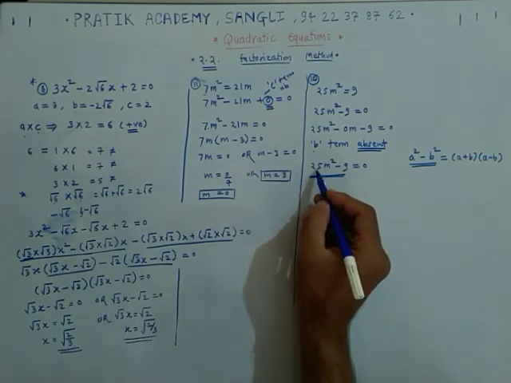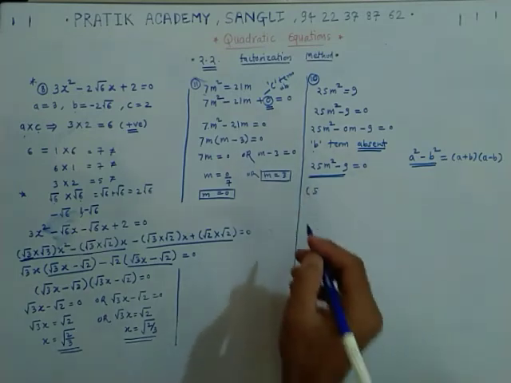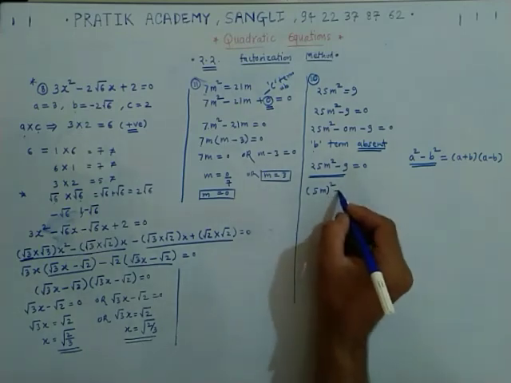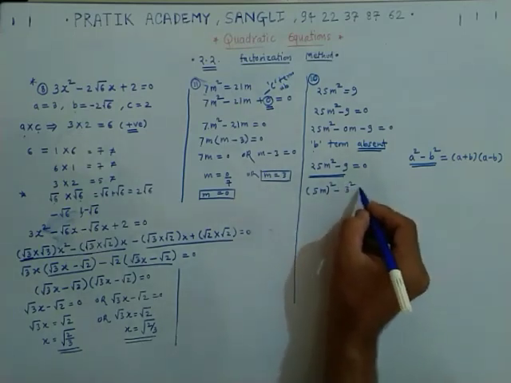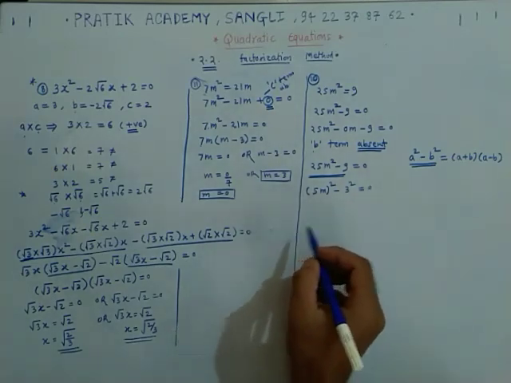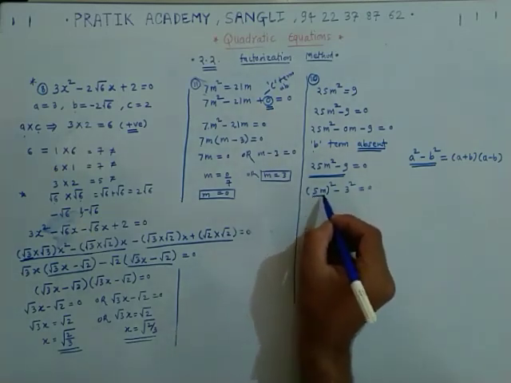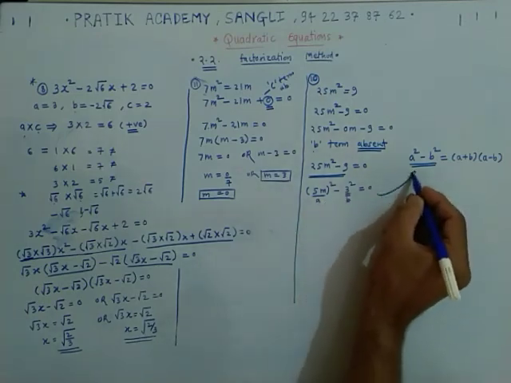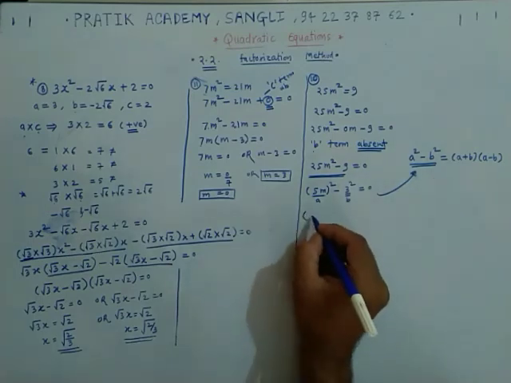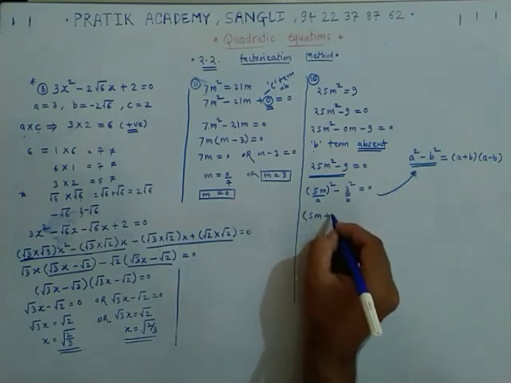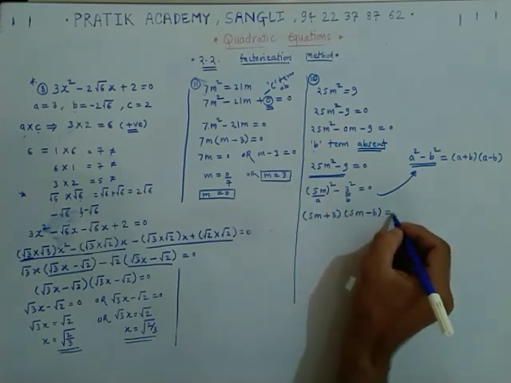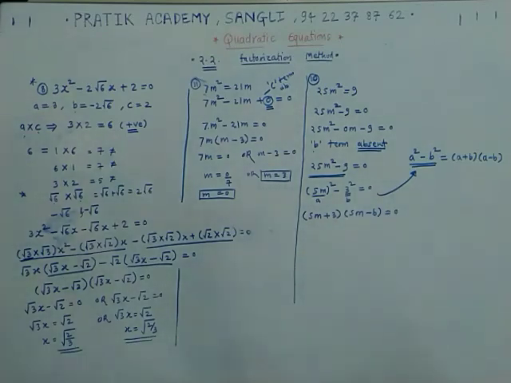So we require 25m square. 25 is the square of 5, then m in bracket square, and 9 is the square of 3. Okay, so here this 5m is our a, this 3 is b. So by using this formula we can write a plus b, 5m plus 3, in the second bracket 5m minus 3, is equal to 0.